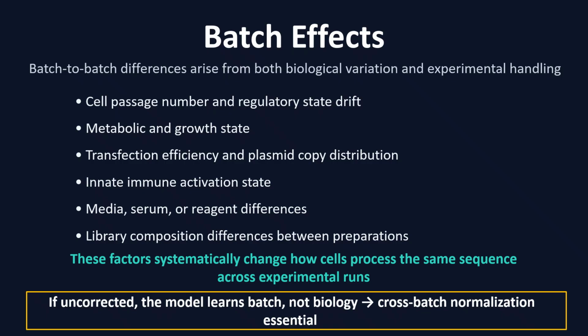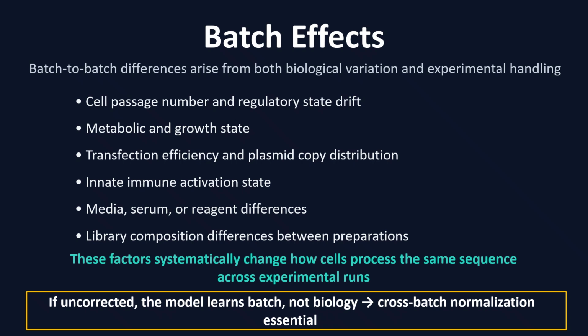Transfection efficiency changes how many plasmids actually enter each cell and how they are distributed. Even media composition or reagent lots can shift stress signaling and cellular physiology. In these MPRA experiments, library composition itself can differ slightly between preparations, which also changes these ratios.